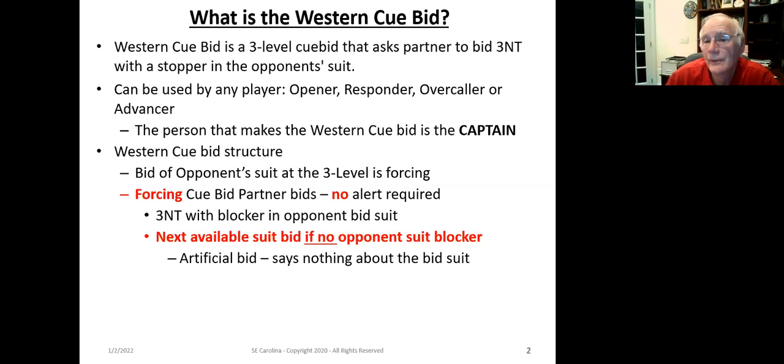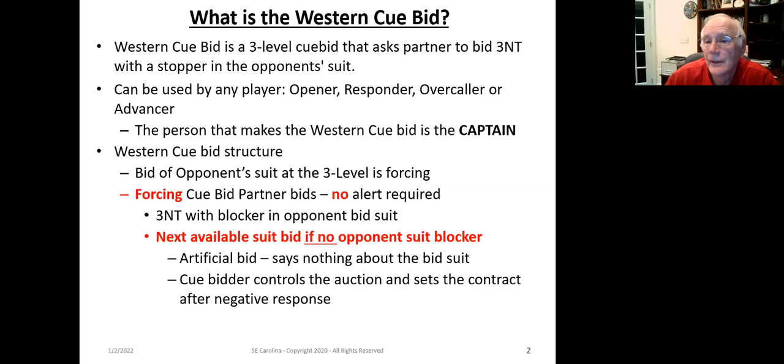It's really a critical component because it recognizes that the cuebidder isn't in control, and what you're doing is making a temporizing bid and saying, hey, I don't have the blocker, you decide where we're supposed to be playing. Since that negative bid says absolutely nothing about the suit being bid, all it says is, no, I do not have a blocker.